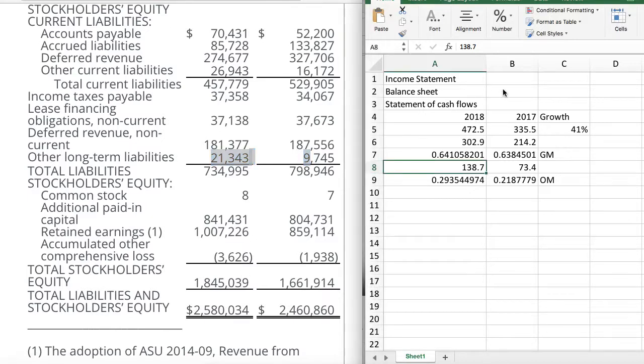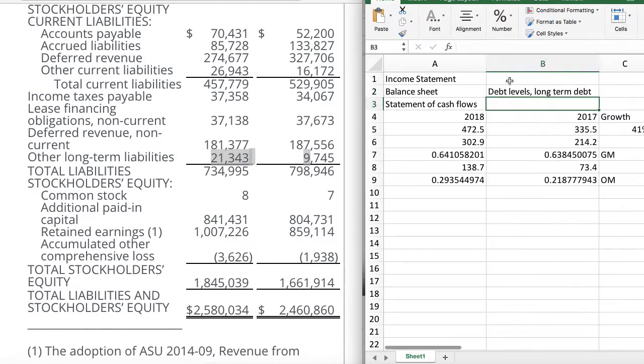So that's the thing you really want to look at in the balance sheet. We'll go debt levels, long-term debt, and then we'll just fill this out for the income statement as well. We want to see revenue growth, gross margin, operating margin. So these are some things that we're looking for.